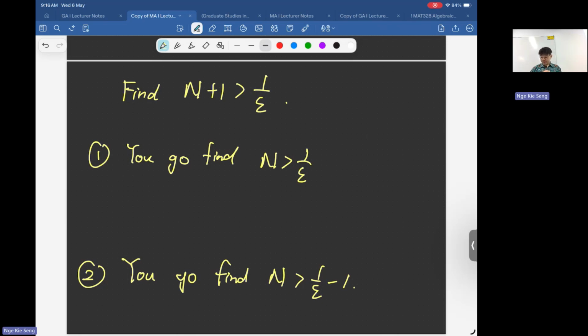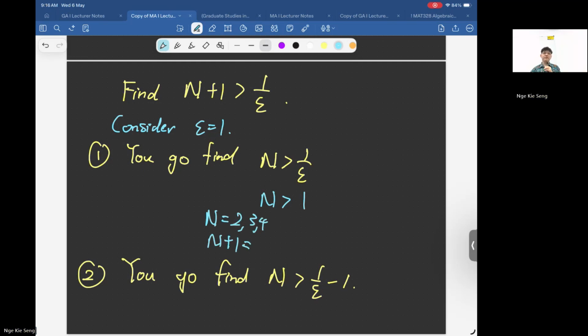Let's consider epsilon equals 1, which is already enough. If you go and find n greater than 1, what kind of n can you get? n like 2, 3, 4. Then your n plus 1 becomes 3, 4, 5, still greater than 1.